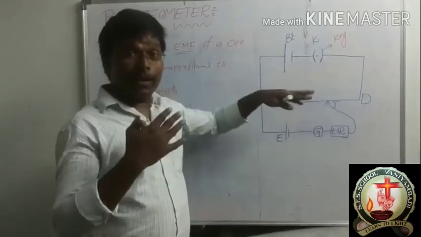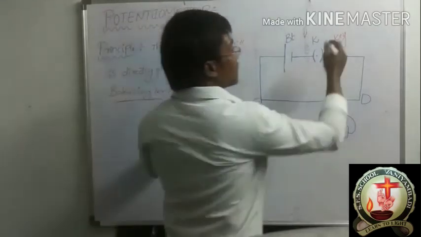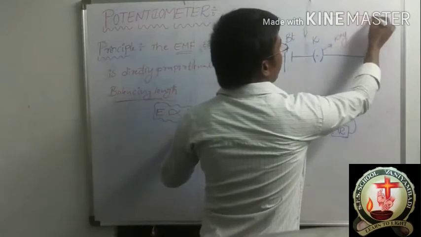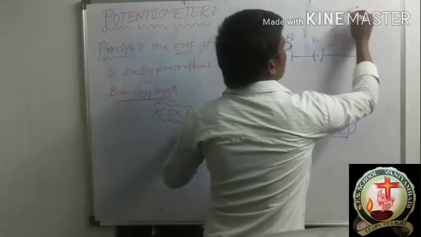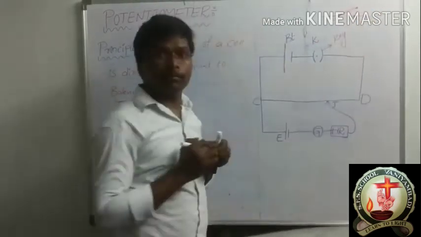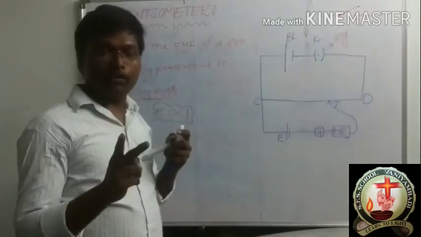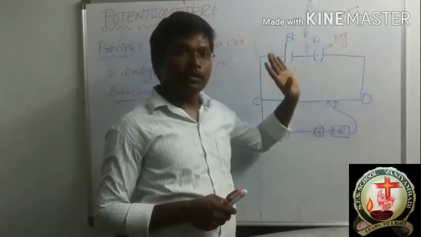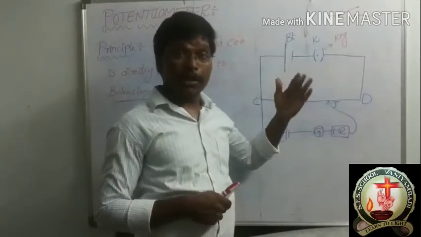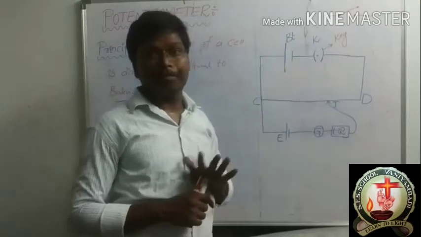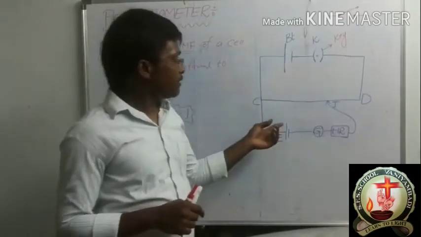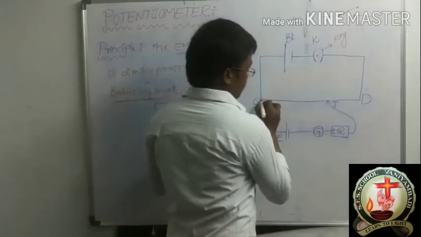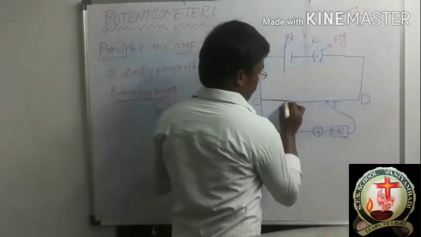We can denote the key in one more form also. The key can be indicated in two forms, but we denote the term key as K. Next, this is the potentiometer wire.